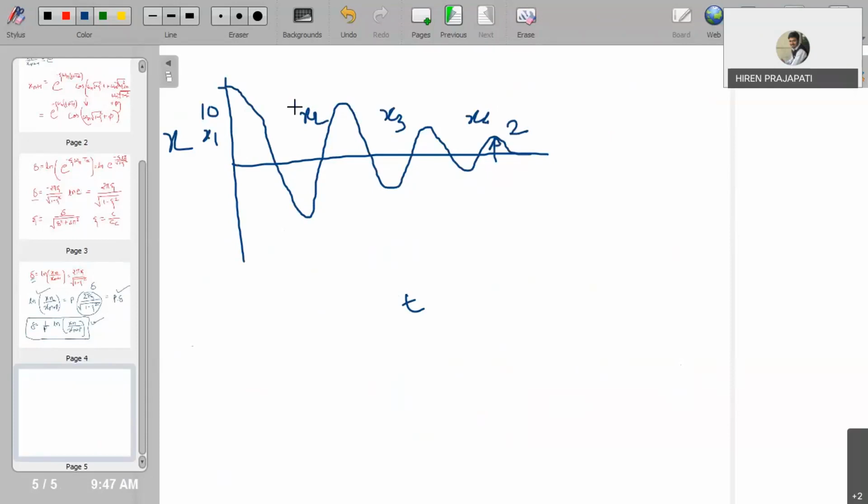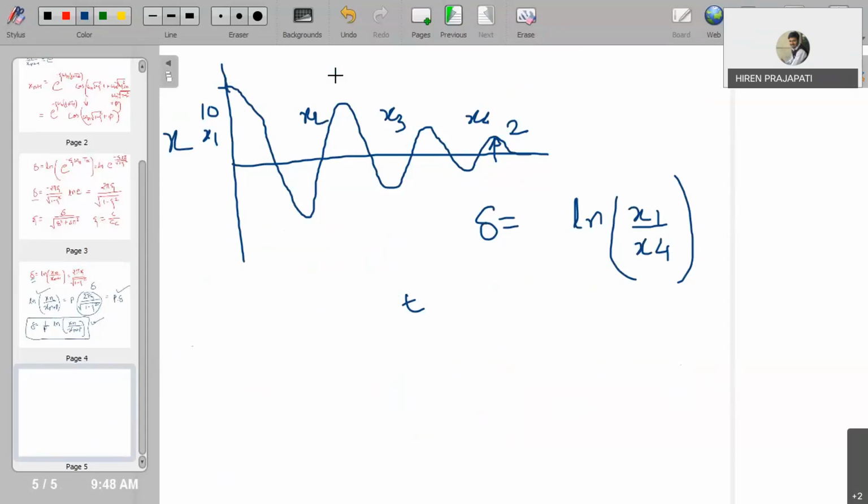Now if I want to find out the logarithmic decrement, I know x1 is 10 and x4 is 2, then what is delta? If I want to take the ratio not of two successive amplitudes only, meaning I'm not taking the ratio of x1, x2, but the ratio of x1 to x4. So this x4 is after how many cycles?